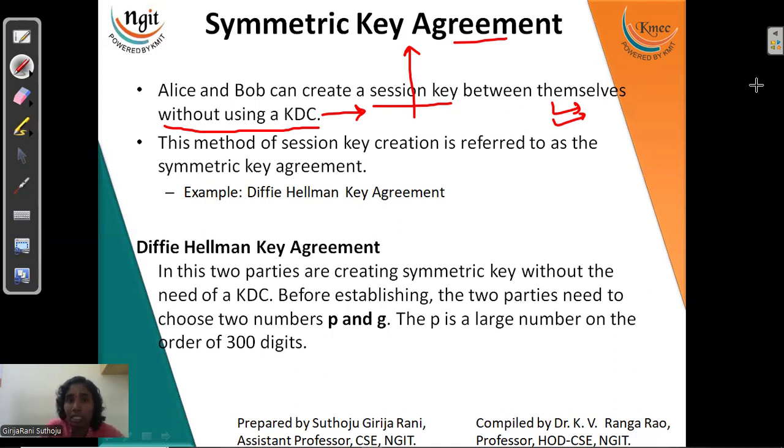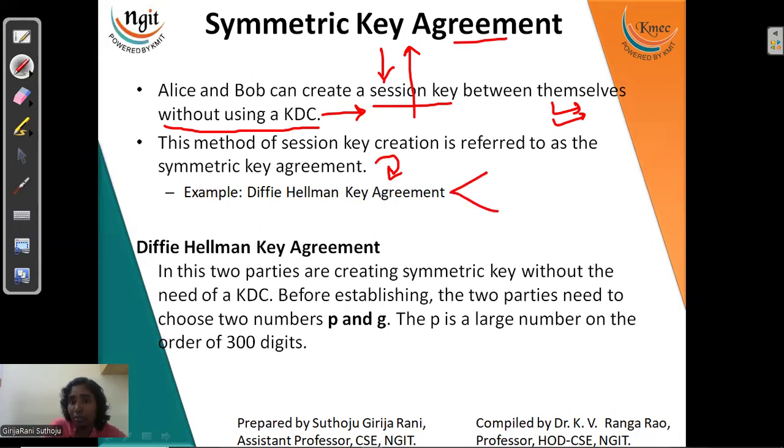So at that moment, certificate authorities or the channel which is having secure protocols will be taking a decision to provide the session key at that moment itself. So for this purpose, we go with the symmetric key agreement and the algorithm which we are going to utilize is the Diffie-Hellman key agreement.